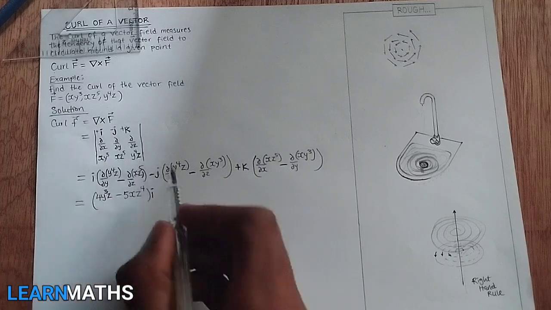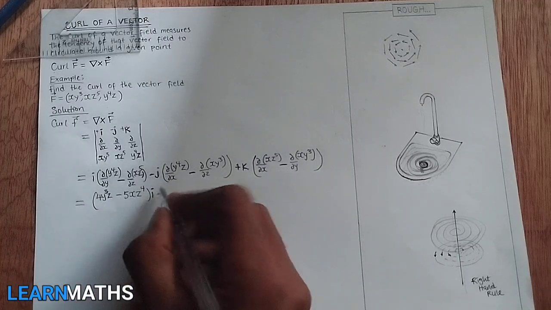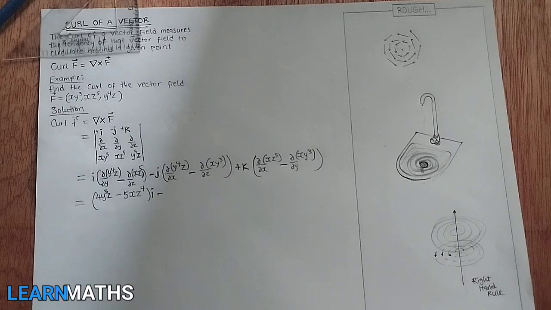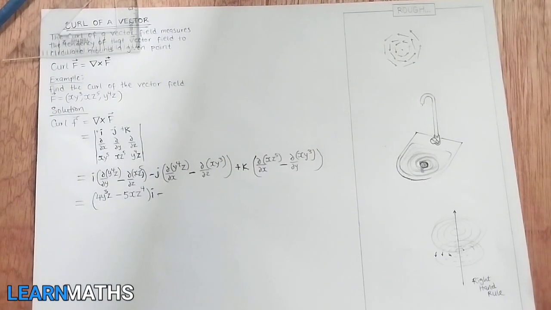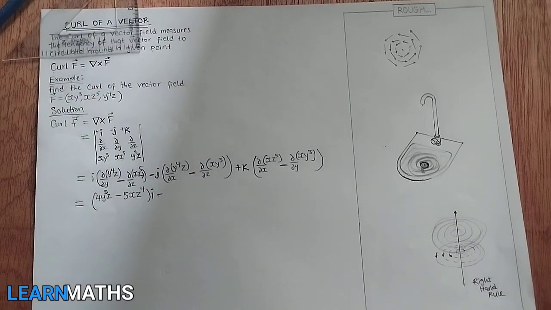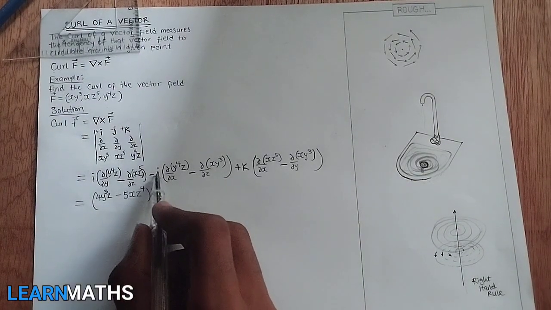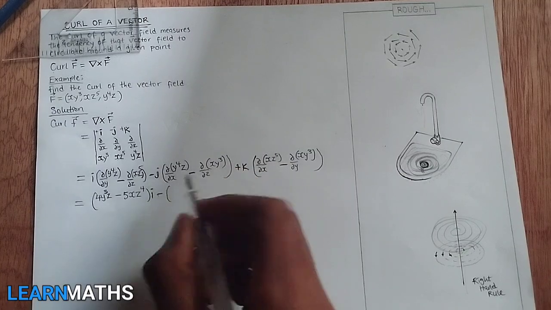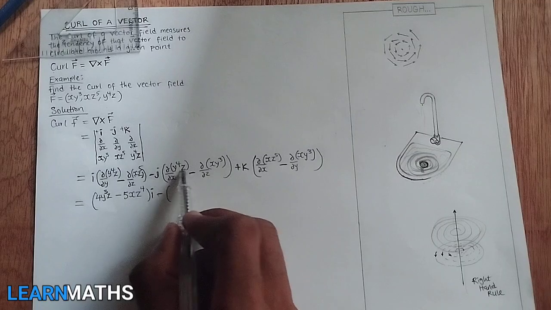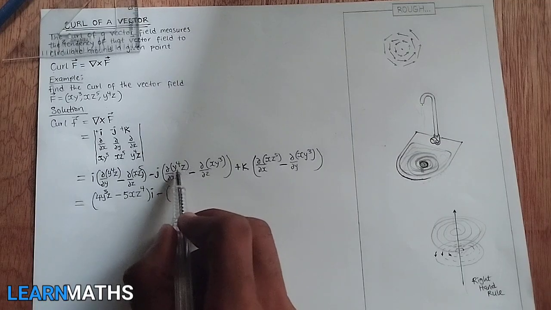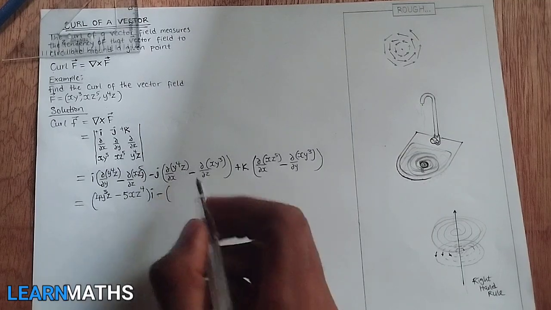This is i, right? Then we have negative the j part. So what do we get? Partially differentiate this with respect to x, you get 0, right? Since there is no x in this term, you're going to get 0.